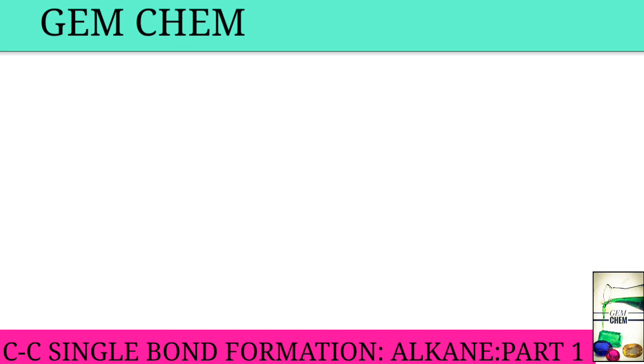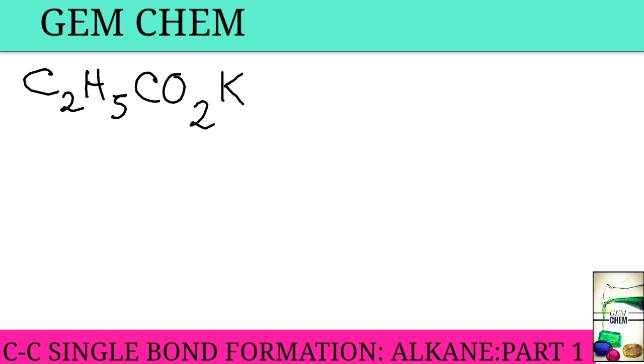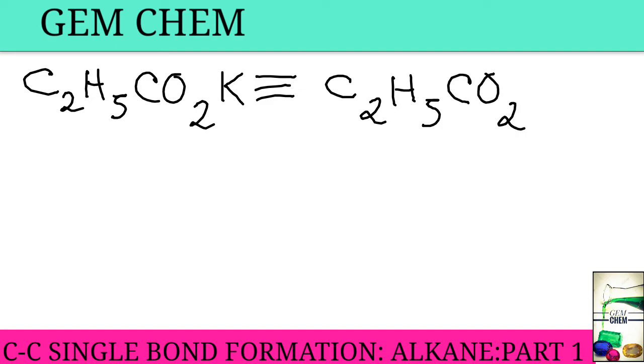Now let us see the mechanism. Now what is sodium propionate? That is C2H5CO2K. Now this basically can be represented as C2H5CO2 minus and K plus.